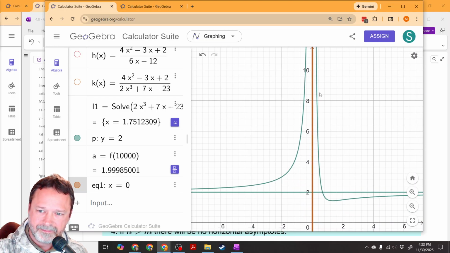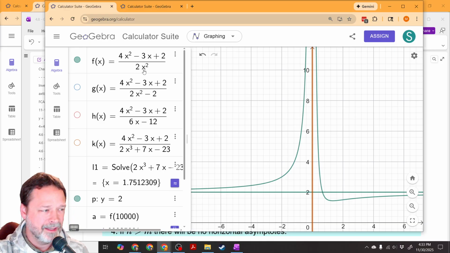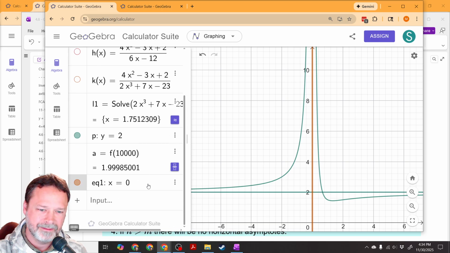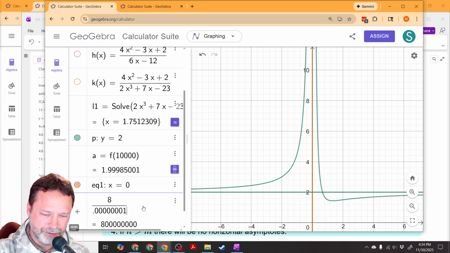Because again, as we get closer to making the denominator 0, we have some value for the numerator divided by something in the denominator that gives us a very, very big number. Something divided by something very small is huge, right? Something like 8 divided by something really, really small is huge.